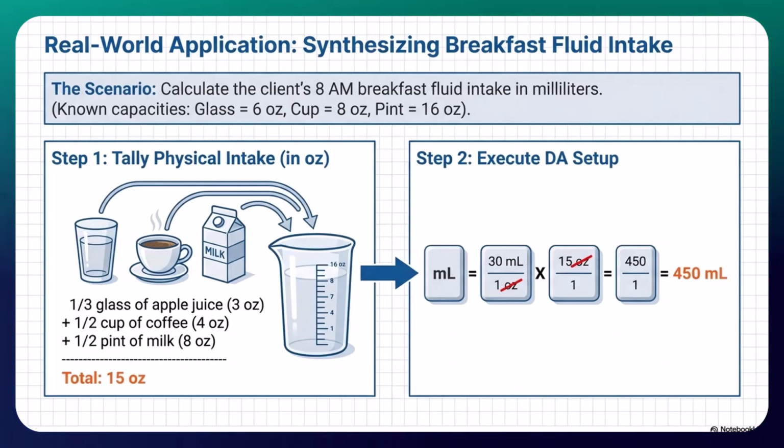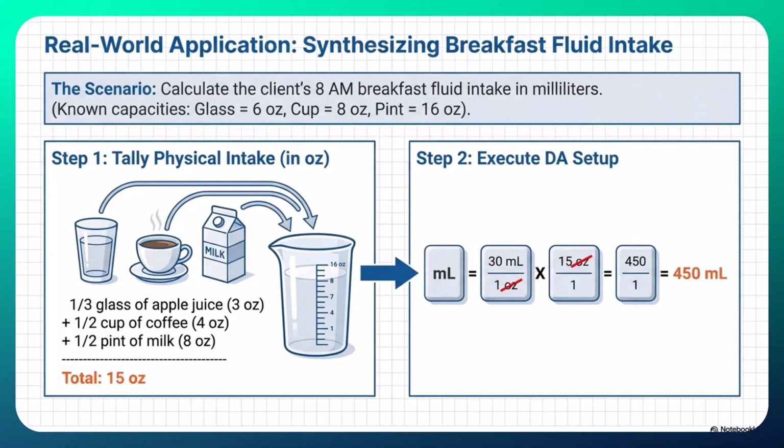So 30 mLs goes on the top, 1 ounce goes on the bottom. Oh, that's great, because now I've got ounces on the bottom. That means I have to put ounces on the top of my next fraction. And what I want to know is 15 ounces. So I can put 15 ounces on the top of my second fraction. And then I'm done. You can put an invisible 1 underneath because that helps keep you straight. Now I can cross out my ounces and my ounces because they crisscross.